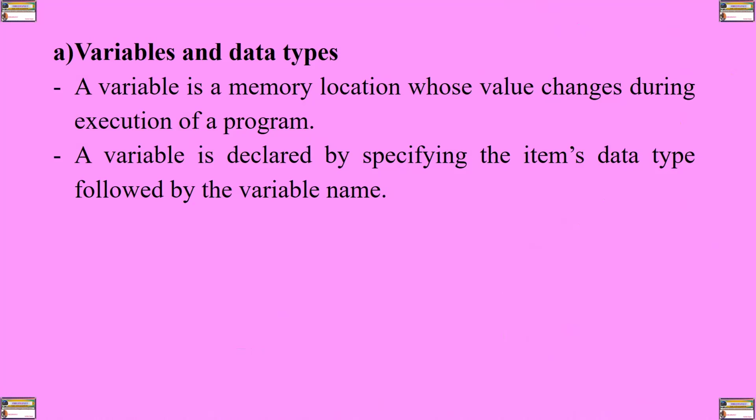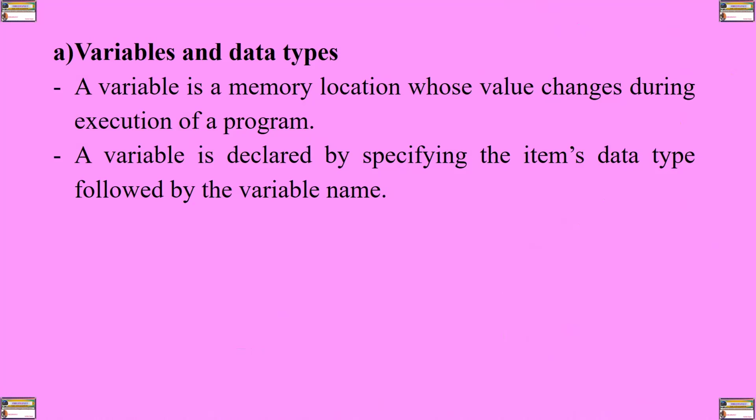And therefore, how do you tell the compiler to set some memory location aside? You tell the compiler to set memory location assigned to hold your value by informing it about the type of data that will be stored there, and the name of that memory.